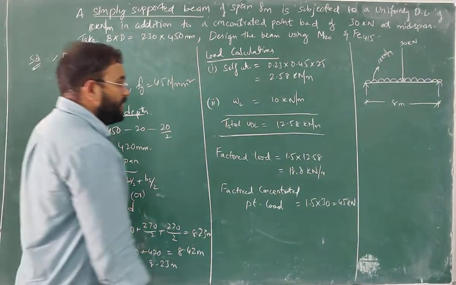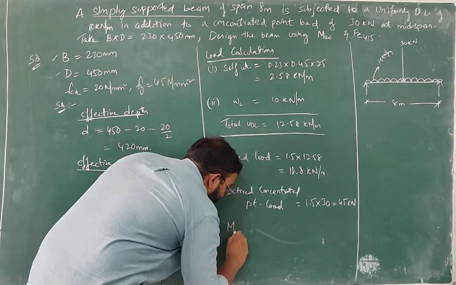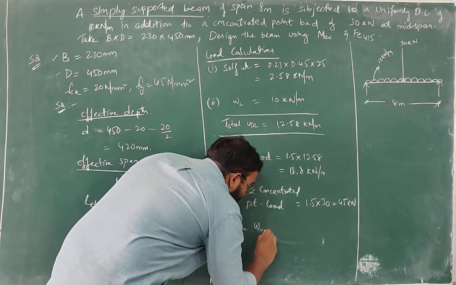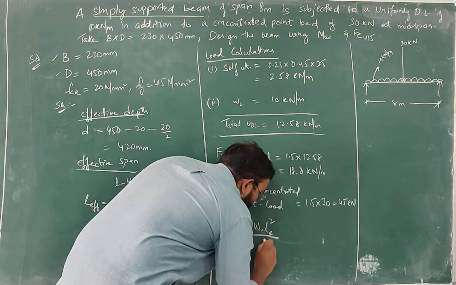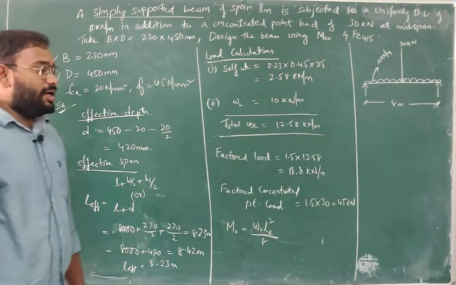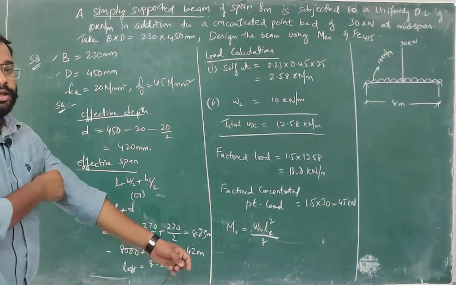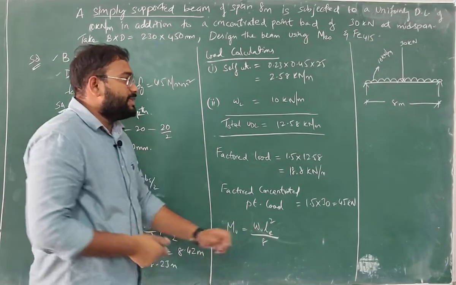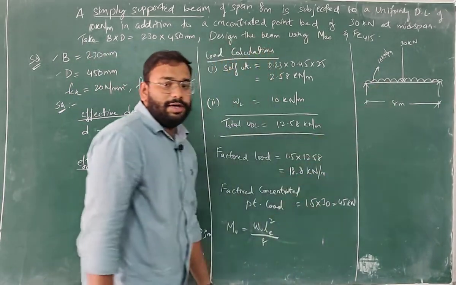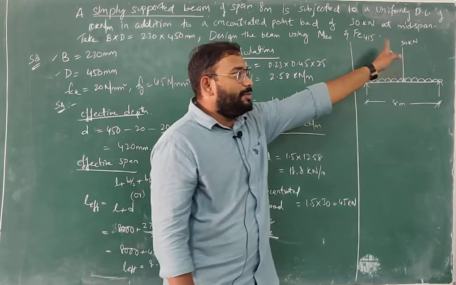Okay, now bending moment, factored bending moment Mu is equal to Wu into L effective square by 8. Formula for bending moment when beam is subjected to uniformly distributed load. Now in addition to that you have one more point load.